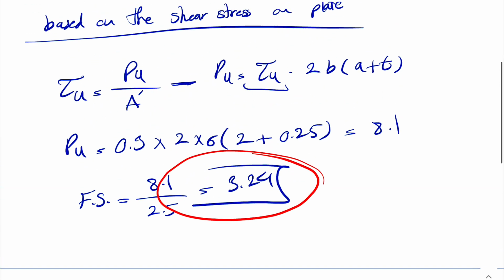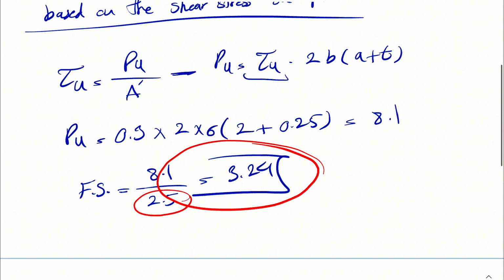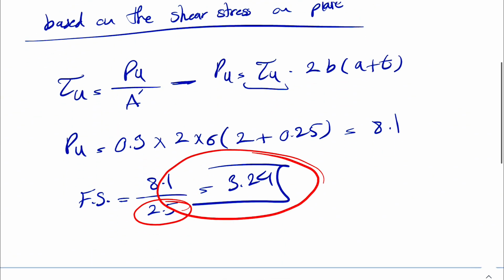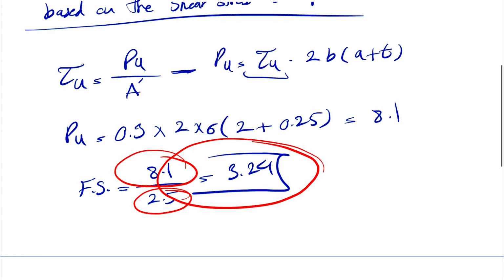And basically the other thing is, if we go with the higher one, 4.5, we have the same force, 2.5, and if we multiply 4.5 by 2.5, we're going to get something more than 8.1. So it's going to exceed that ultimate strength that the system can tolerate, and it will compromise the entire system.